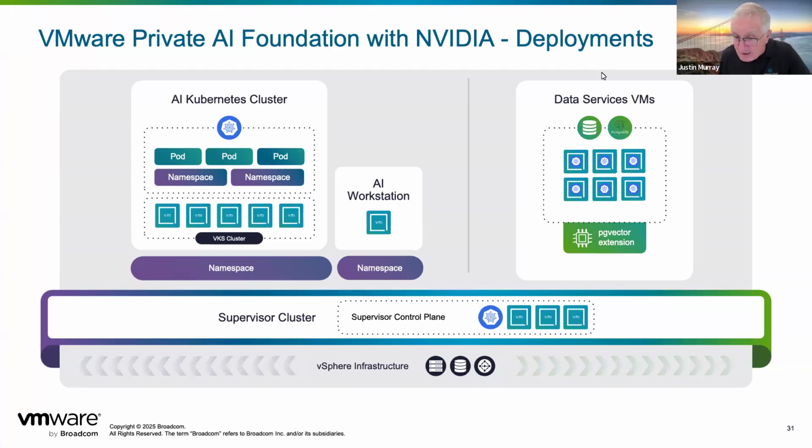So our provisioning engine, VCF automation, goes to the supervisor cluster and says, this data scientist wants an AI workstation, provision a VM for that. It goes through that provisioning automatically.